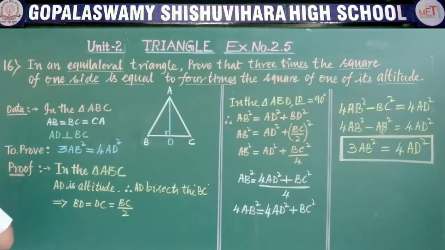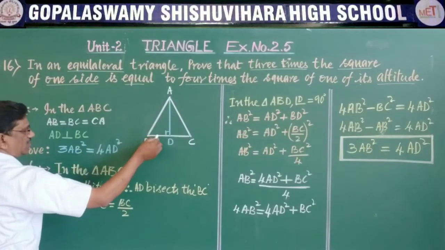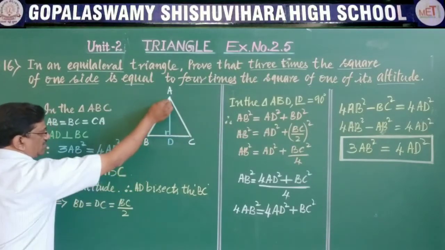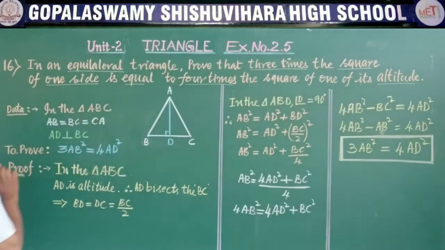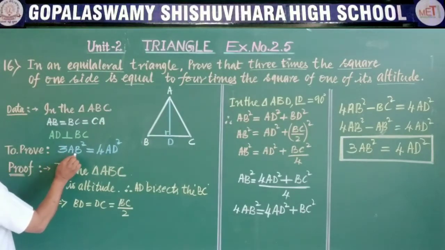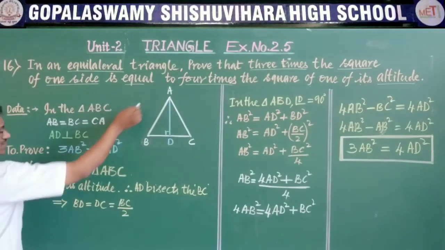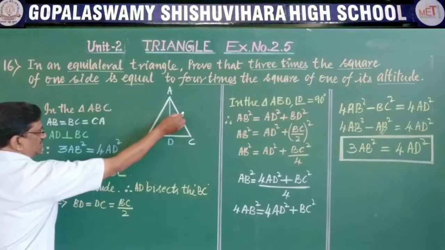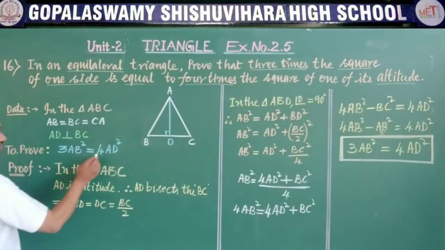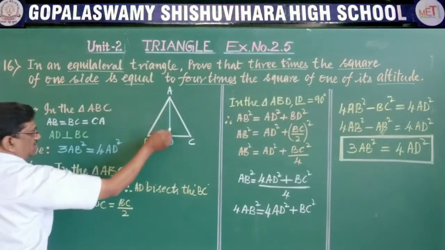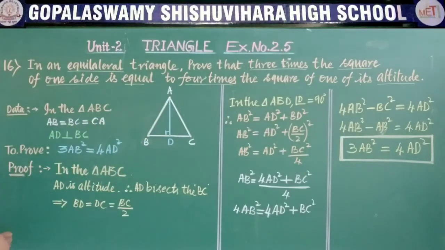So what we have to prove here? 3 AB square or BC square or AC square, 3 times the square of one side, either AB or BC or CA, is equal to 4 times the square of the altitude.